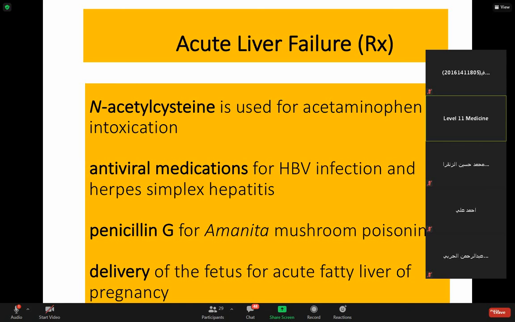When you have someone with hepatitis B virus or HSV, we'll give them antiviral medication. When you have someone with mushroom poisoning, penicillin G is the treatment. When you have a pregnant lady with acute fatty liver of pregnancy, delivery of the baby is the key. So treat the underlying cause. Okay?